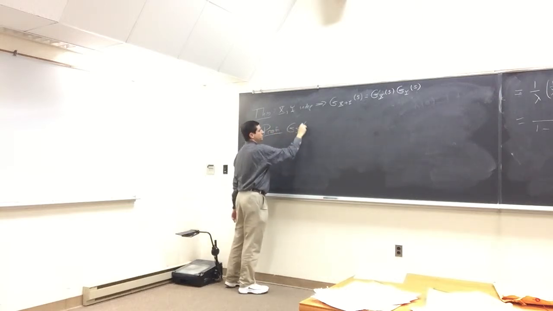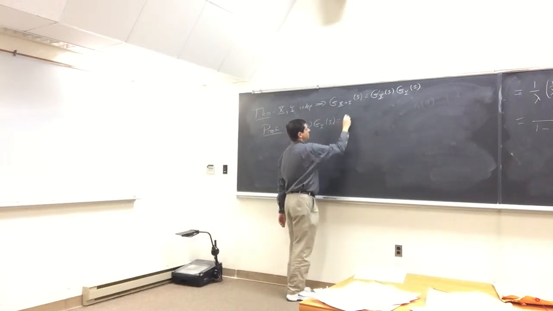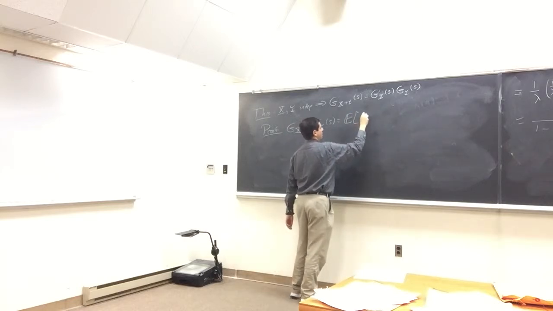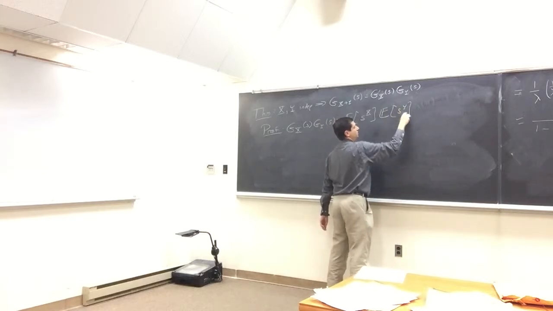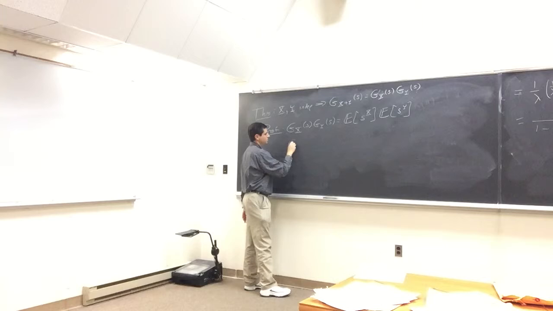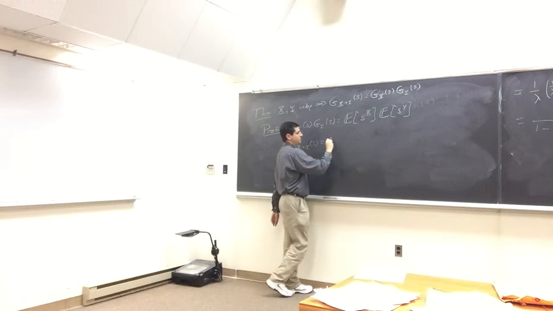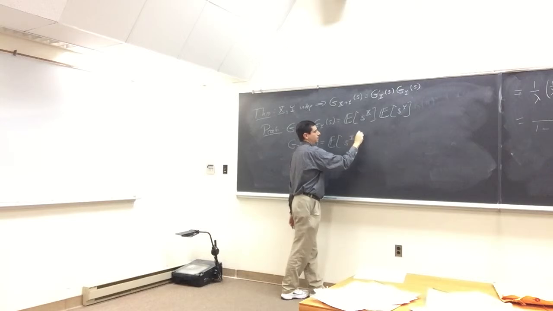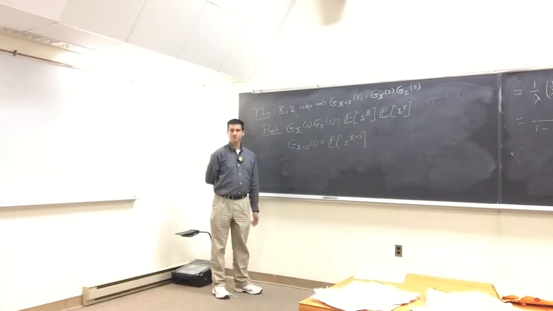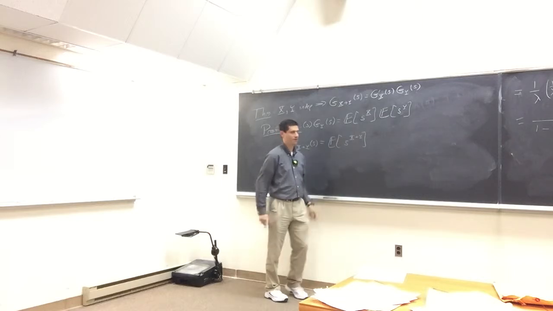So the generating function of x times the generating function of y is going to be the expected value of s to the x, times the expected value of s to the y. The generating function of x plus y of s is going to be the expected value of s to the x plus y. So what's s to the x plus y? That's s to the x, s to the y.